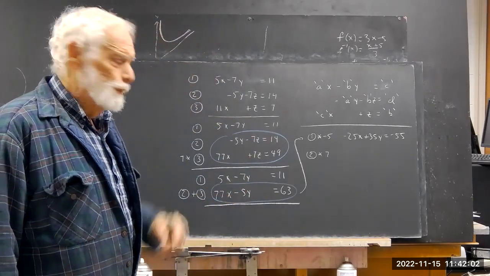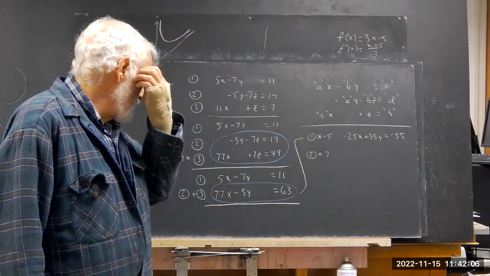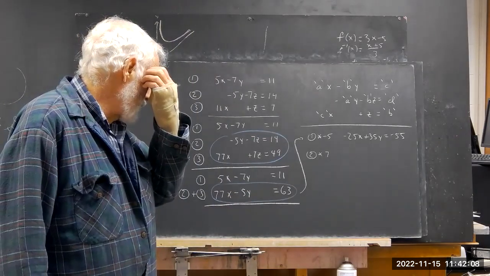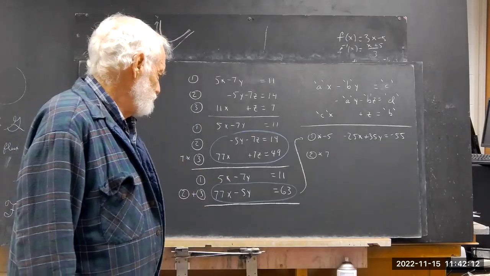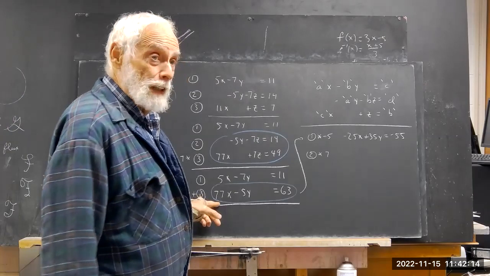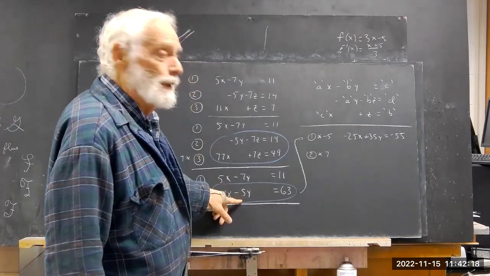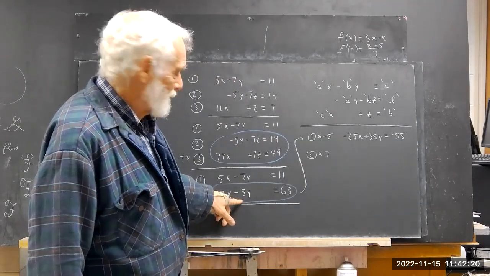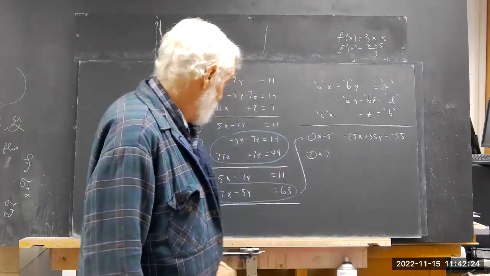Now when I got 841, I'm not sure what I did. I multiplied this by the wrong number. Okay, anyhow, multiply this equation by 7, because that's going to give me a negative 35 here to match up with my 35 here.